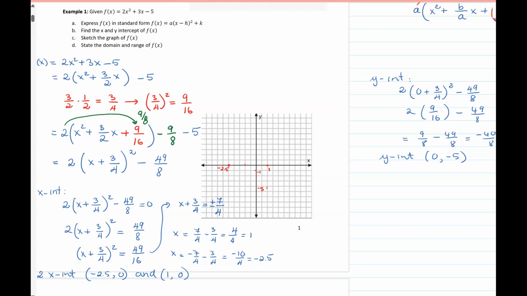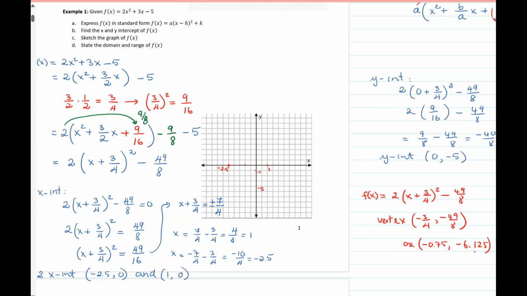Okay. Now, because we have the equation in the standard form, we know our vertex. Because the equation in the standard form, f of x is equal to 2 times x plus 3/4 squared minus 49/8, then the vertex is negative 3/4, negative 49/8, or it is negative 0.75, negative 6.125.